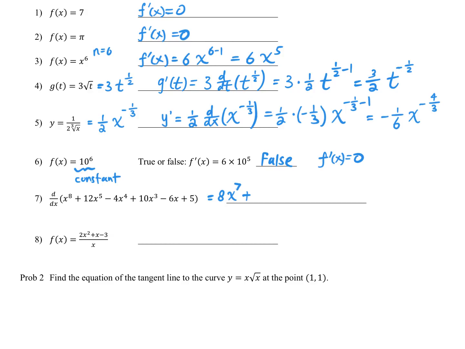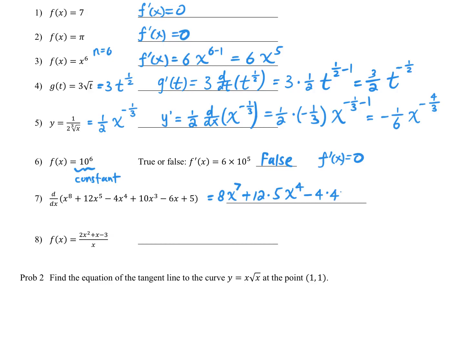And the next term is plus 12 times 5 times x to the power. We have to decrease this power by 1. It's 5 minus 1, which is 4. And minus 4 times the derivative of x to the 4th, power rule again.